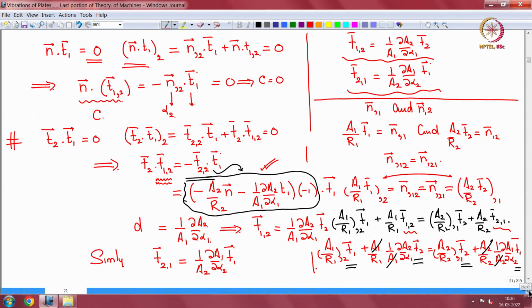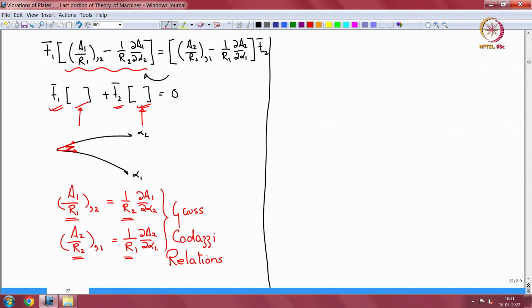So, the route will be, we will derive T1,1 and T2,2 using T1,2 and T2,1, but these are derived using a different route, a different method.